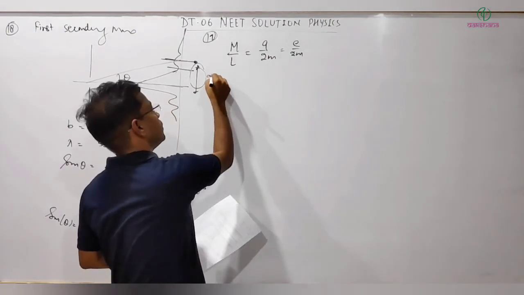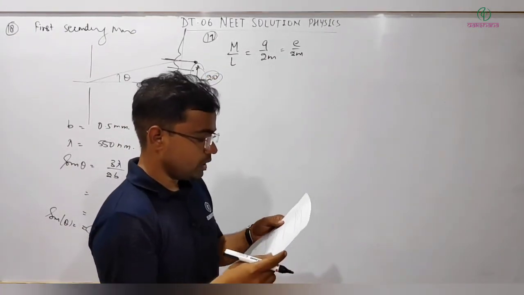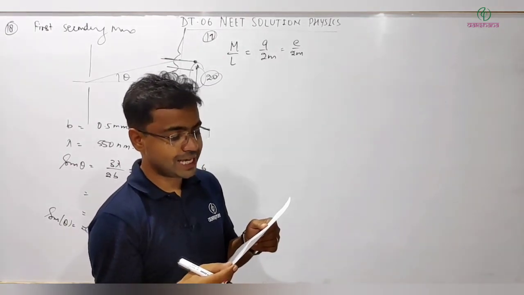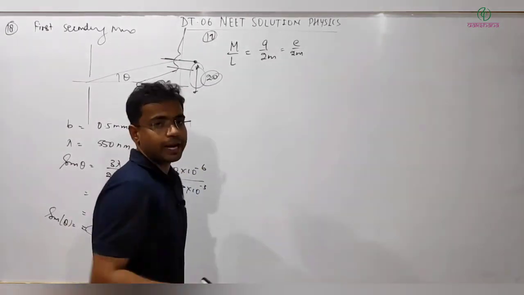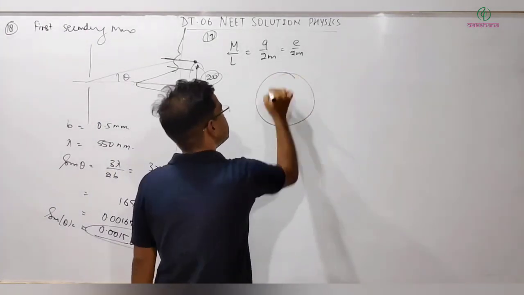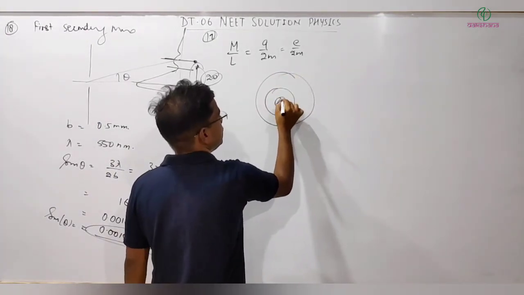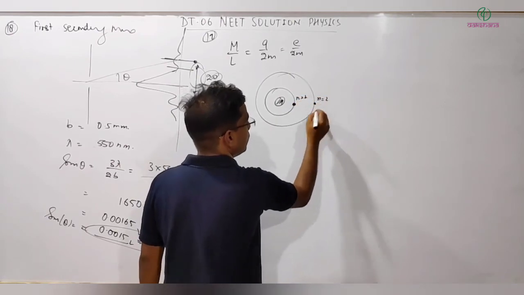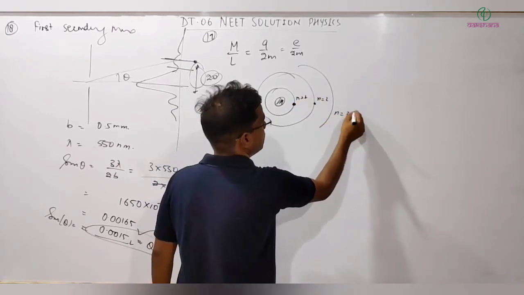Second one, question number 20. The radius of a hydrogen atom when it is in the second excited state. It's simple: ground state is n equal to 1, first excited state is n equal to 2, and the second excited state is n equal to 3.